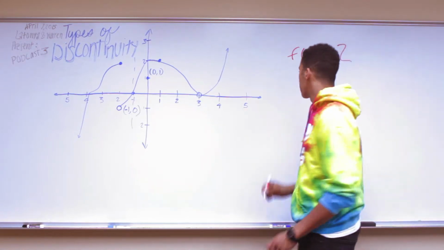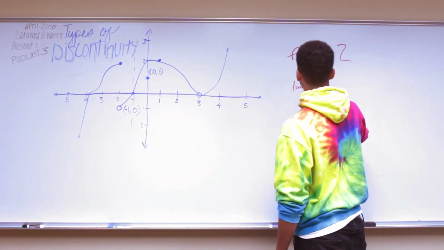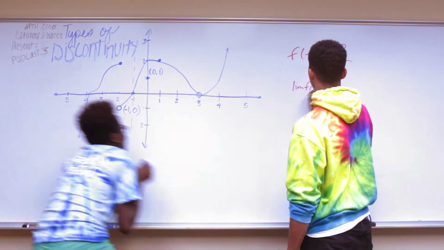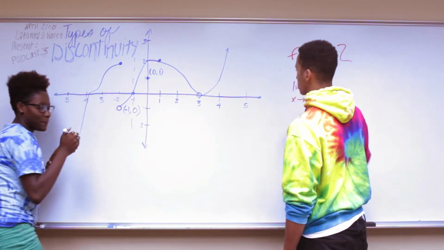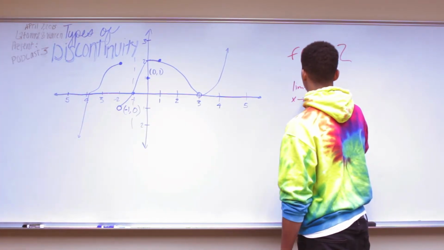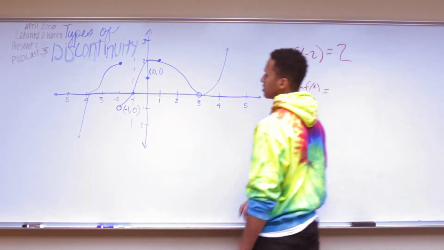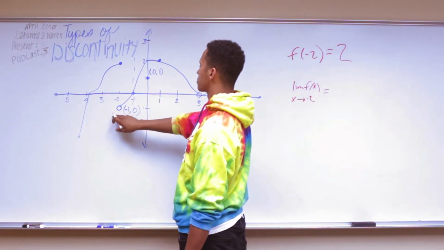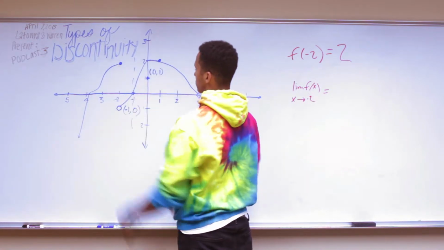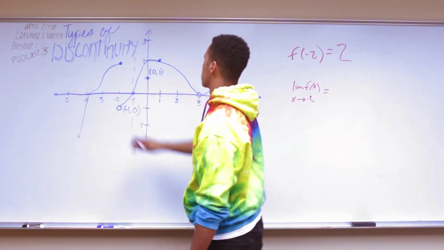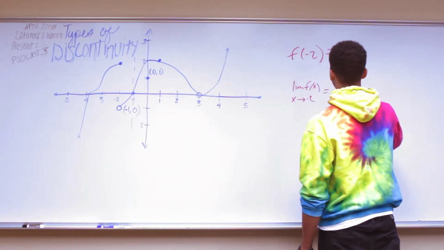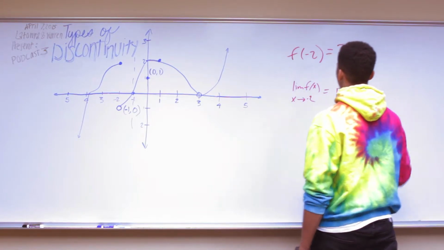Next we need to find the limit. So the limit of f of x as x approaches -2 equals, obviously it does not exist because A, the lines don't meet, and B, the limits of the different points don't match. So it does not exist.